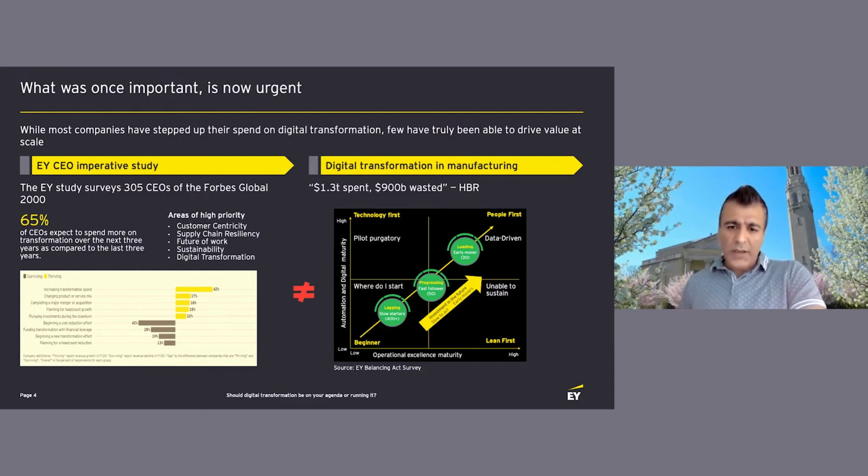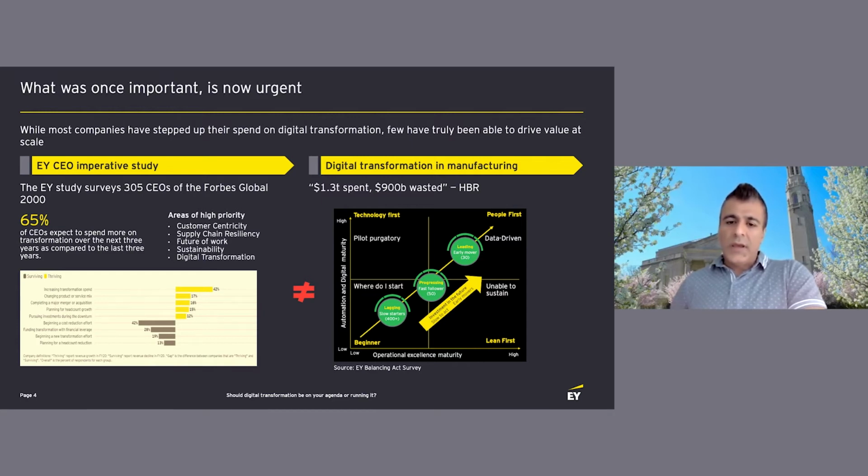What's interesting is out of the 500, only 30 of them are actually leading and have deployed operational excellence combined with digital automation at scale, whether it's in transforming customer experience or driving supply chain visibility and resilience, or looking at the future of work or driving sustainable supply chains.